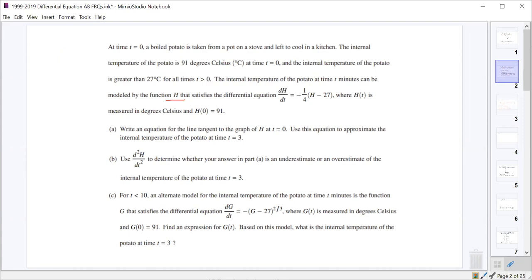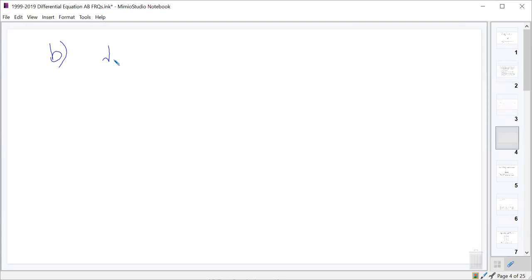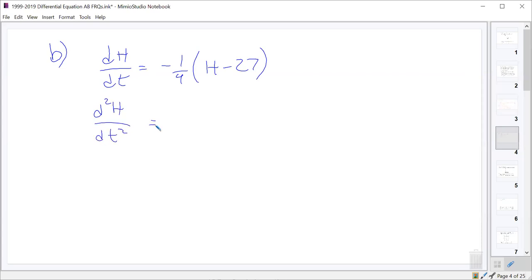Okay? So we have dh/dt is negative 1/4 times (h minus 27). We want the second derivative, which means we need to take the derivative of this with respect to t. That's right.